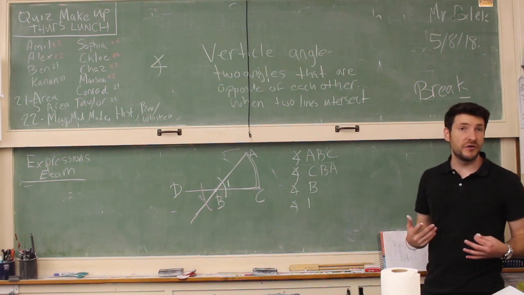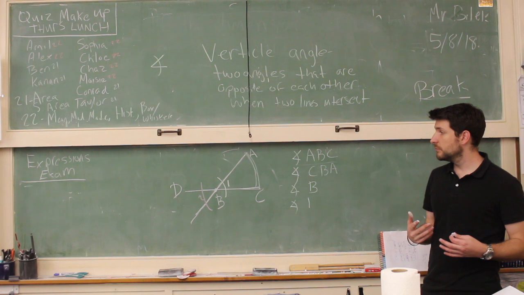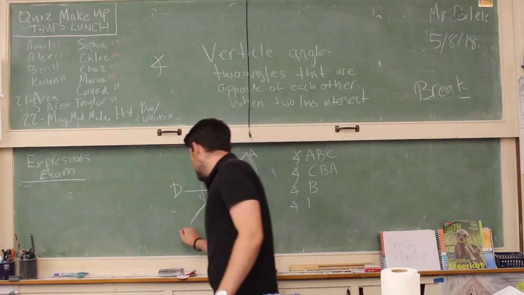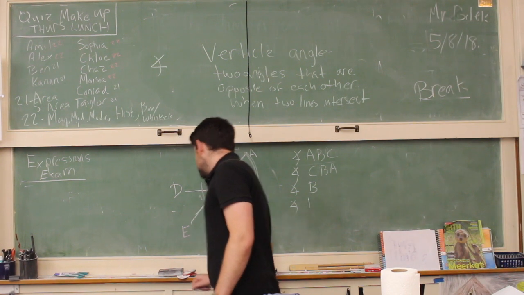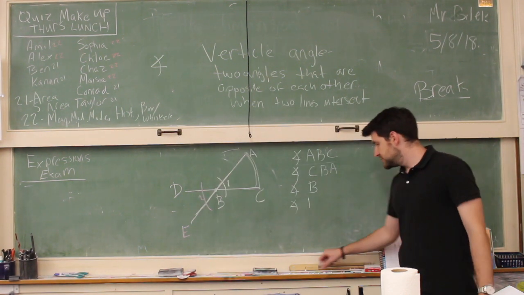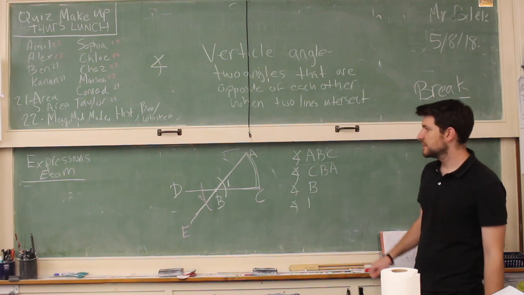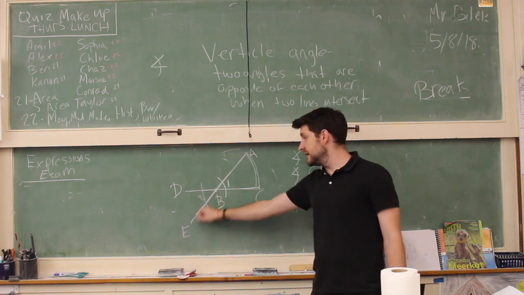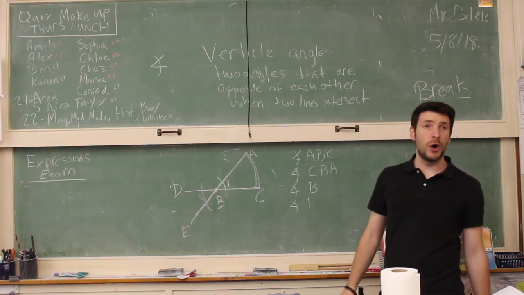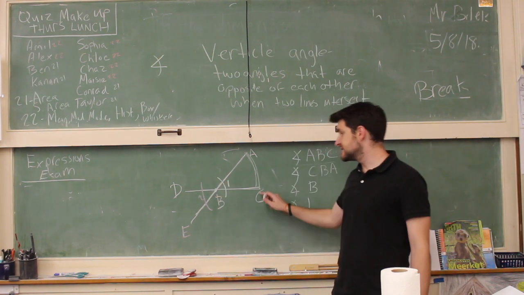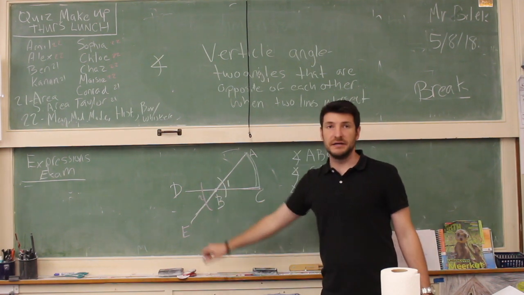Do we have any more vertical angles? We do. And I'm going to put an E right here so we can define 2 vertical angles. 2 examples of vertical angles: ABC and DBE. We also have ABD and CBE.